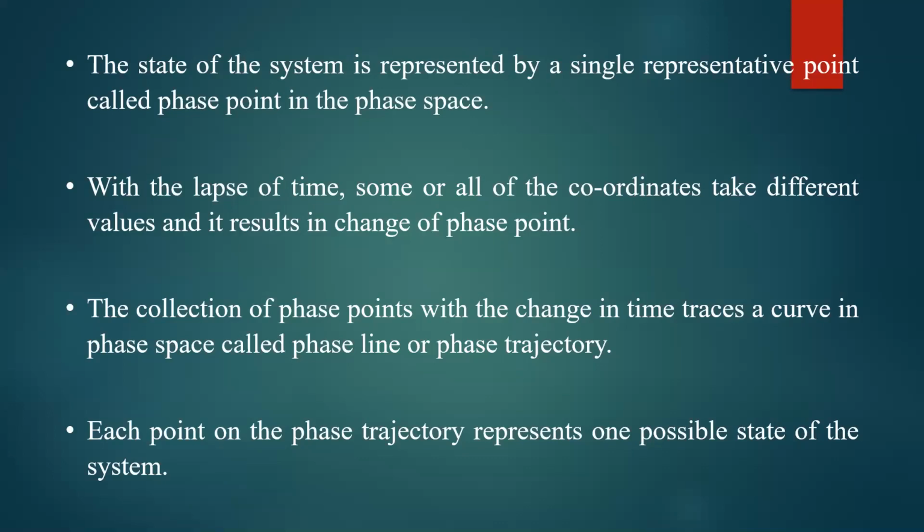With the lapse of time, all the coordinates may take different values and it results in a change of the phase point. The system will move from one point to another point and the phase point for the system changes.